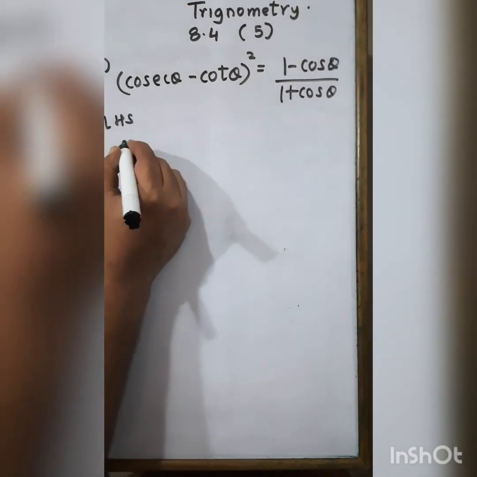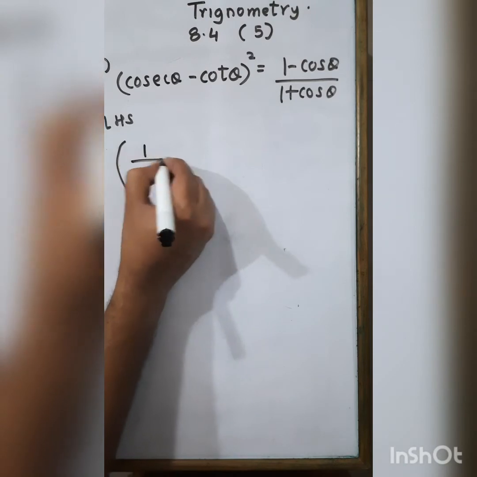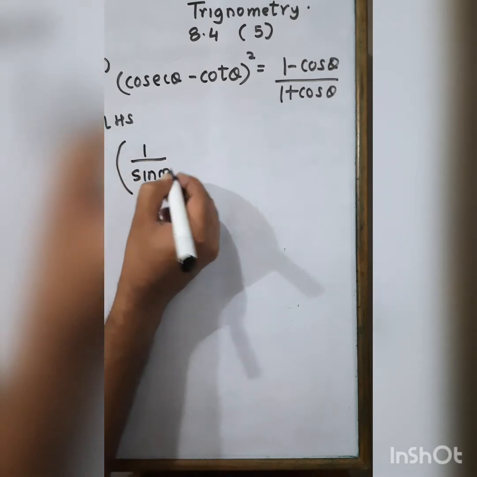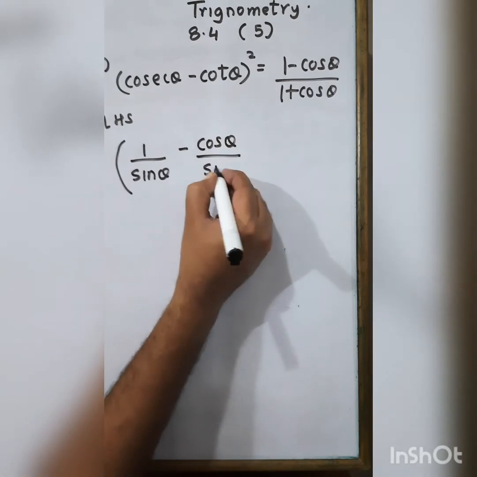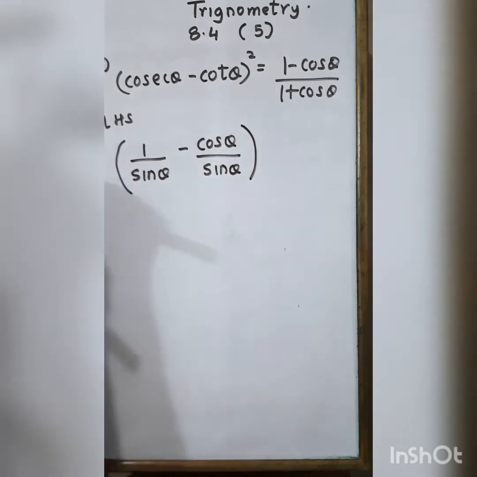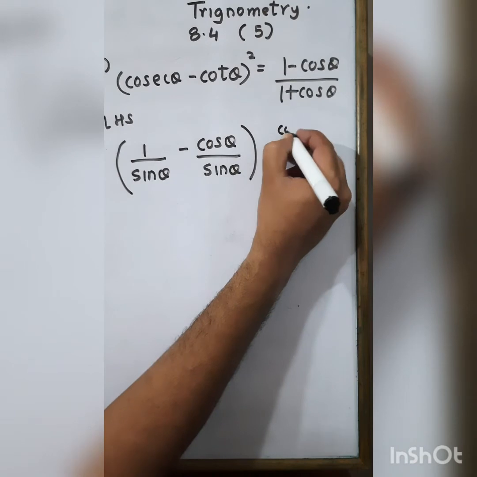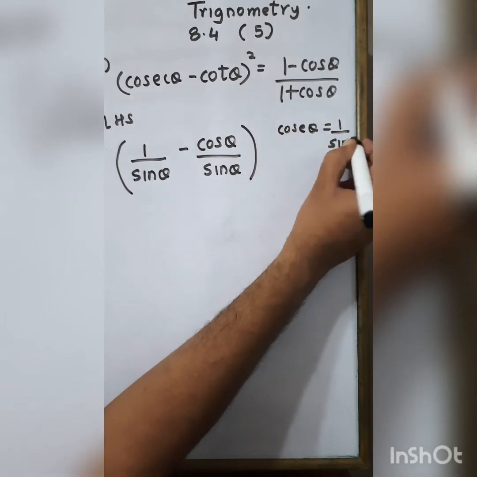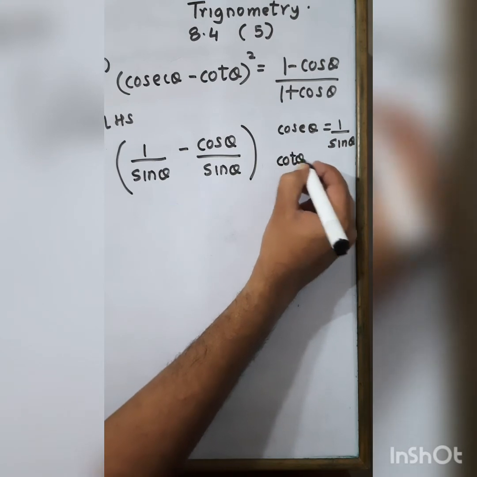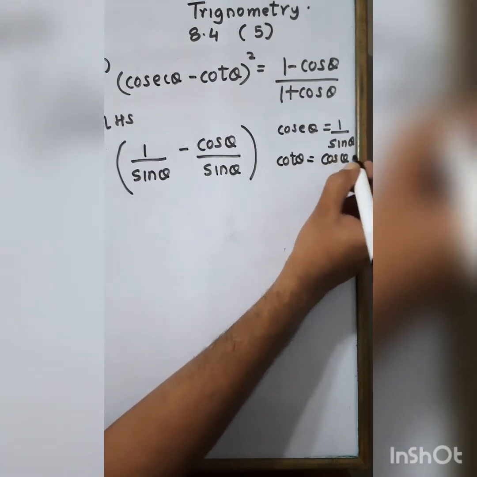So now, can I write cosec theta as 1 upon sin theta, and cot theta as cos theta upon sin theta? Is it okay? So cosec theta is equal to 1 upon sin theta, and cot theta is cos theta upon sin theta.